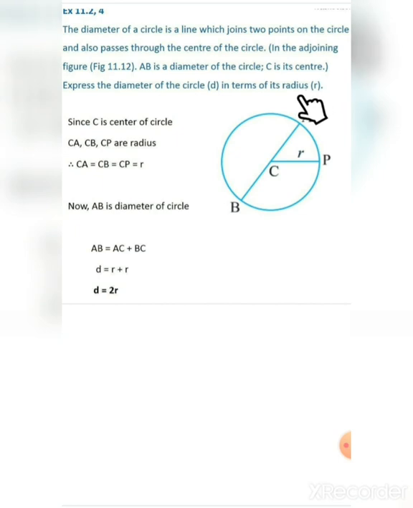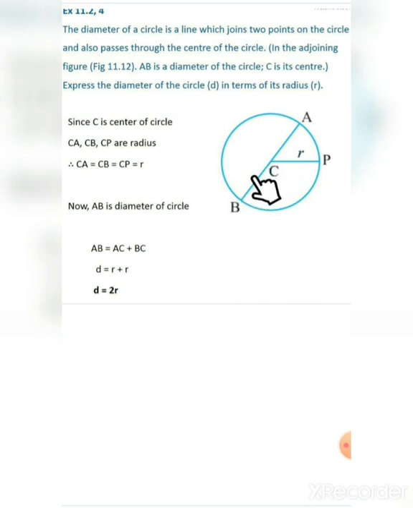So if you remember, diameter is 2 times the radius. So first we have to find the radius, and then we can express the diameter of the circle. So here, since C is the center of the circle, CA, CB, CP all are radius, because the line segment which joins the center and any point on the circle forms a radius.